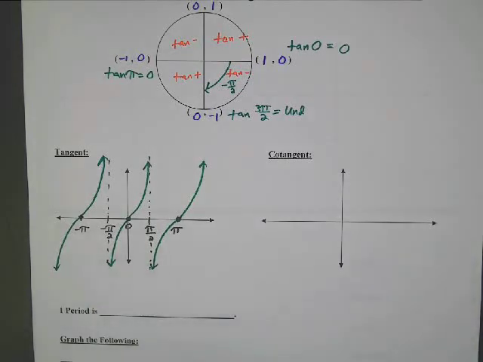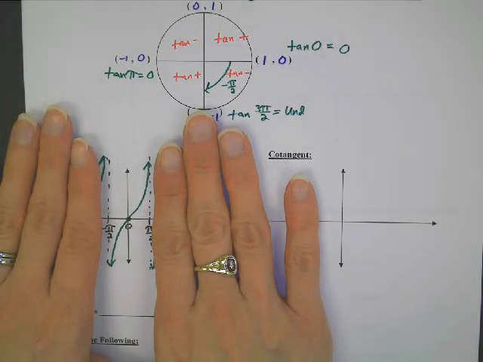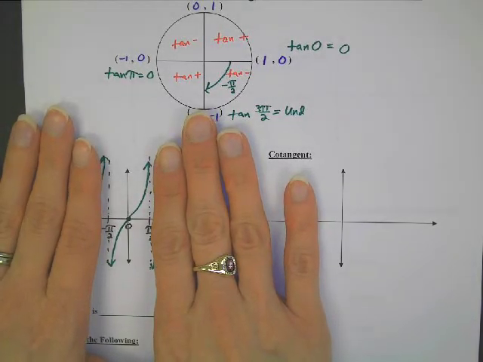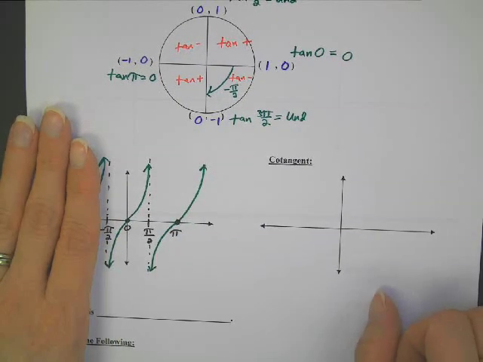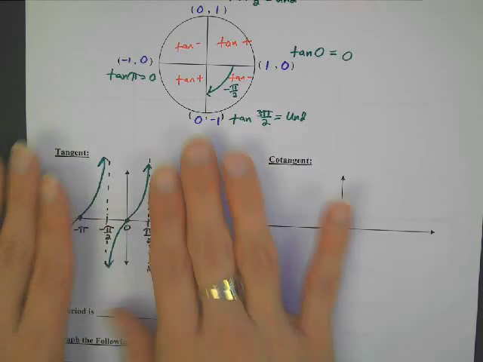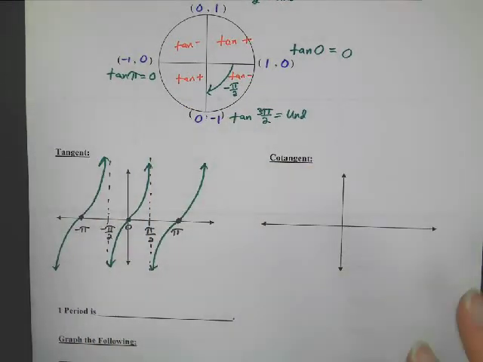It's okay to do more. A couple things I'm noticing about tangent: it's really small. It does not need 4 sections, it only needs 2 sections. And the time to complete a cycle is pi. So it's a little smaller than our other friends, sine and cosine.